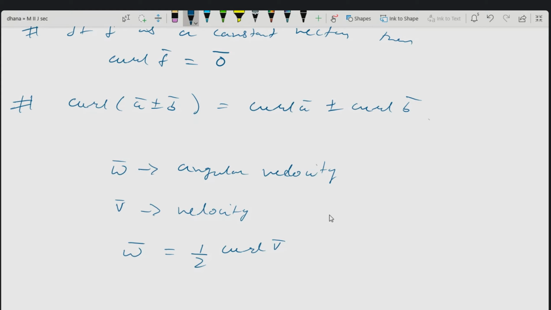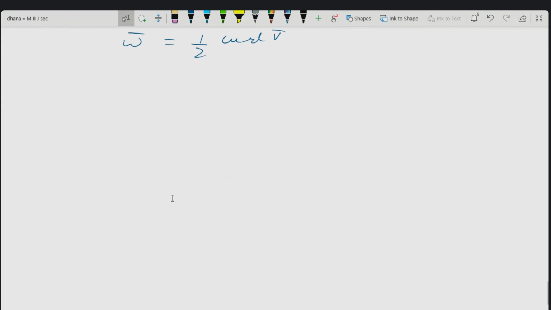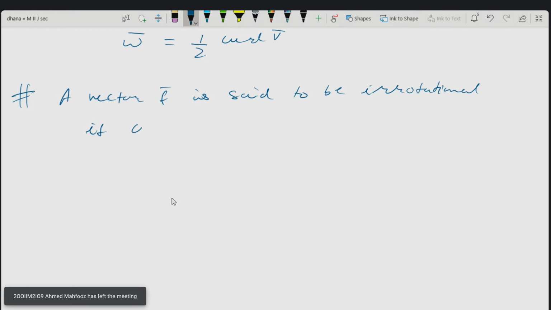If curl of that vector is 0 bar, then the vector is irrotational. Understood? Any motion in which curl of the velocity vector is null vector is said to be irrotational, and a vector f bar is said to be irrotational if curl of f bar is equal to 0 bar.